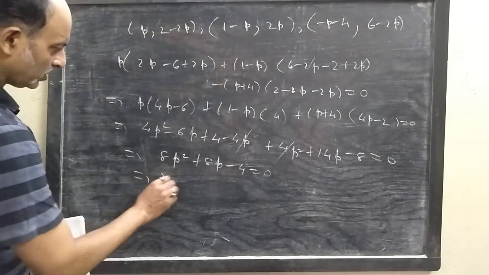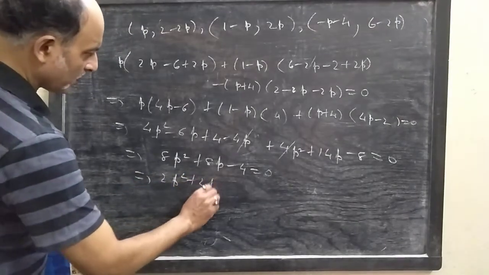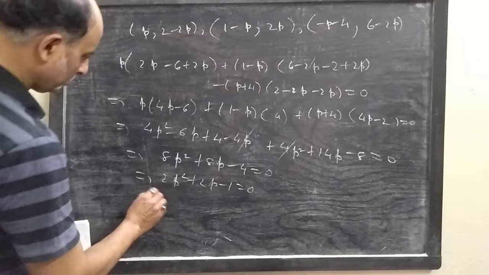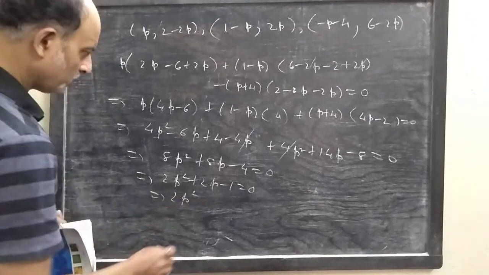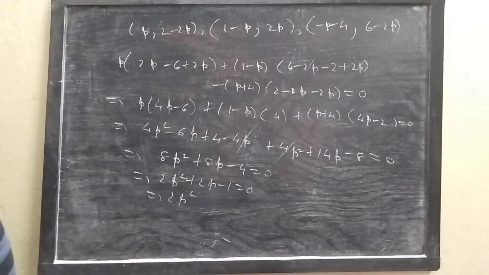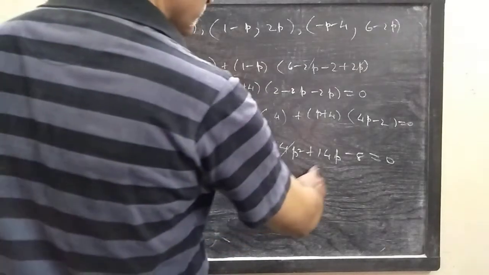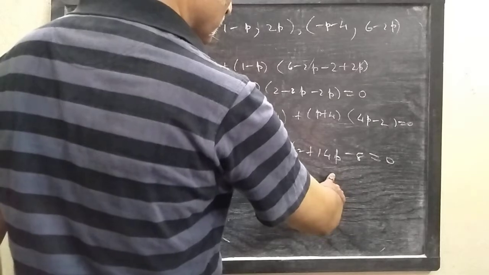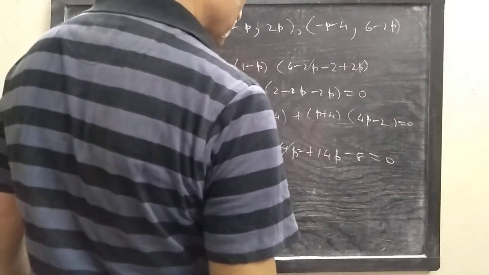Divide both sides by 4, you get 2P square plus 2P minus 1 equals 0. You get 2P square minus 2P plus 16P plus 2P minus 8.